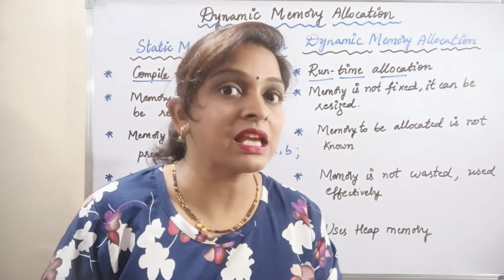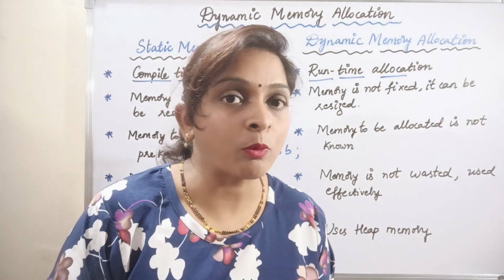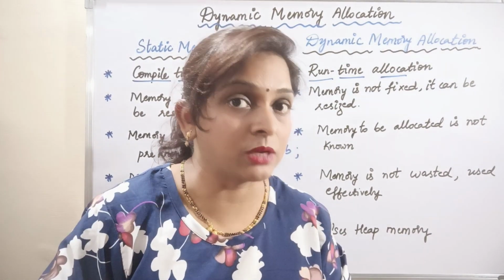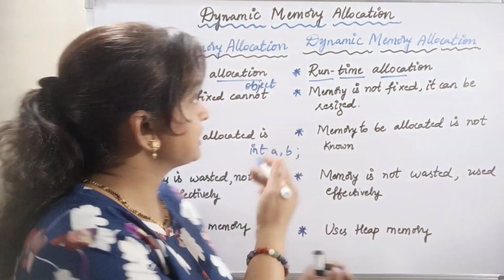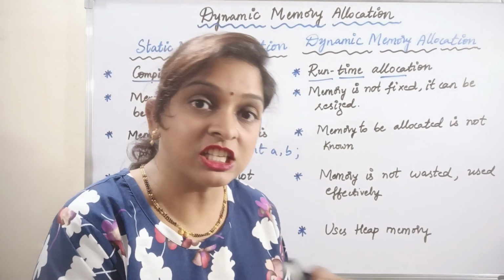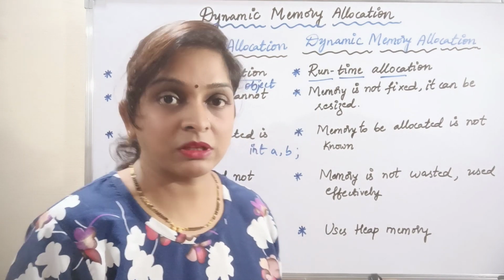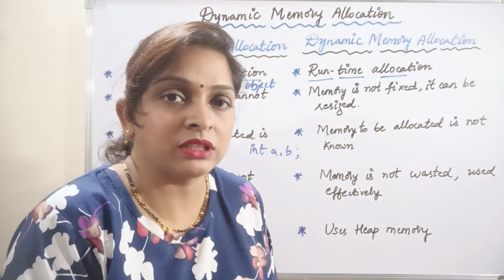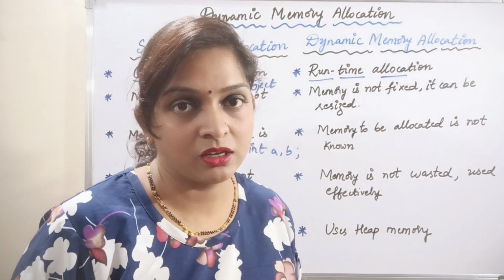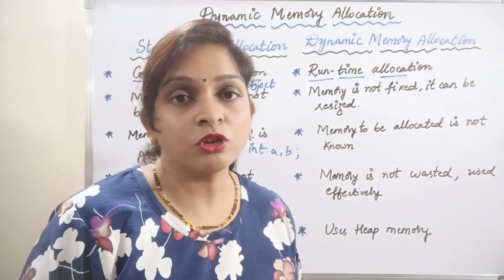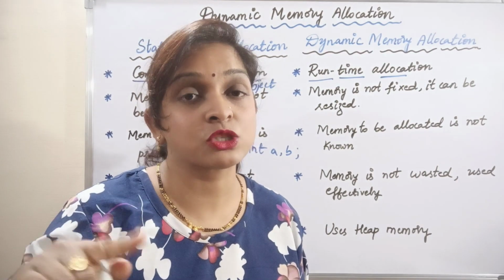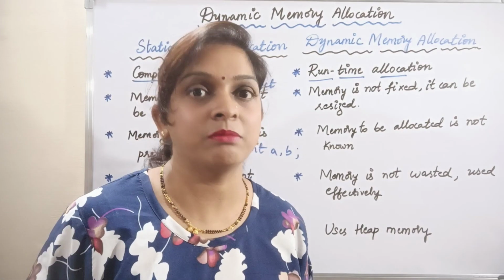We are going to decide. So the amount of memory to be allocated is not fixed during compile time. Whereas in static memory allocation, the amount of memory to be allocated is fixed during compile time. Static, as the name says, means fixed. Whereas in dynamic, the amount of memory to be allocated is not fixed. It is going to be decided during runtime itself.